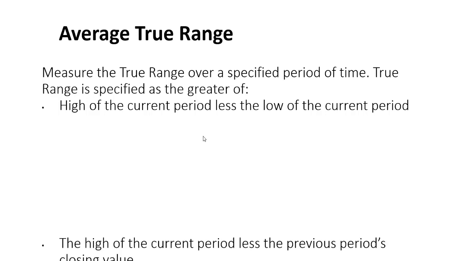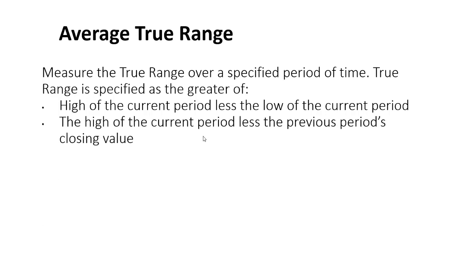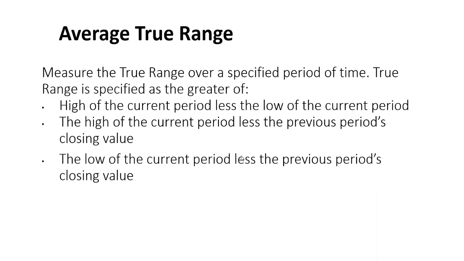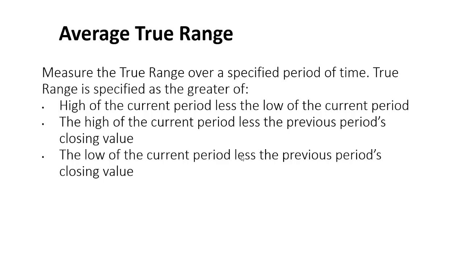The second way of doing it is to look at the high of the current period less the previous period's closing price. So that is the high of today minus the closing of yesterday. That's another way of doing it. The third way is to find the low of today minus the previous closing value, which was yesterday.